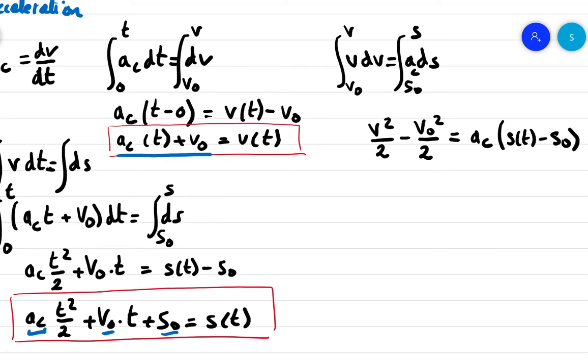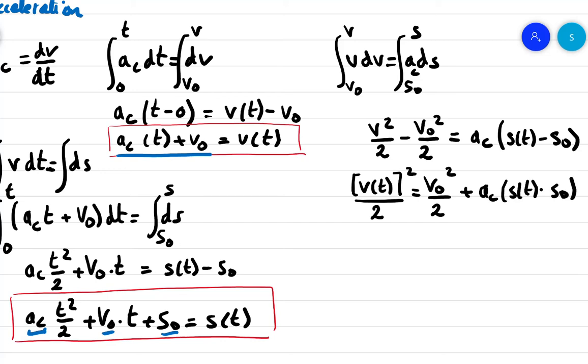So we can rewrite this. This one is v of t, this one is a function. So we have v of t, let me add some brackets, squared divided by 2. It's equal to, I want to write it the same way, v naught squared divided by 2 plus a_c times s of t minus s naught.